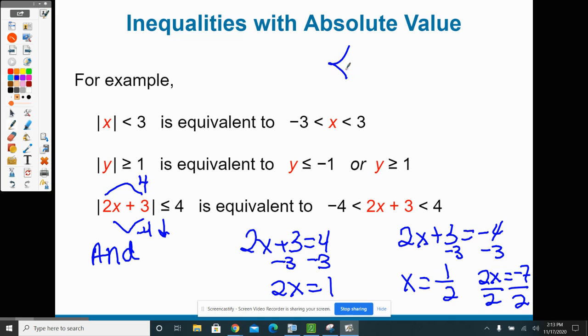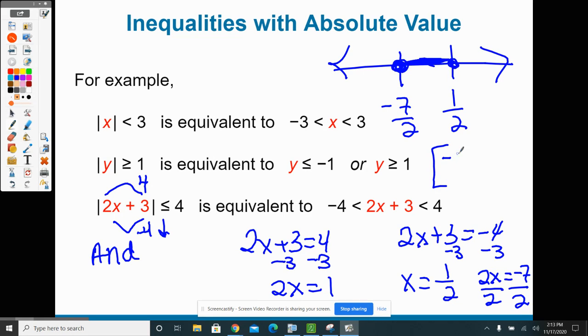Put the small number on the left and the big number on the right. So -7/2 and 1/2. Solid circle because there's an equal to sign, and this time it's an and again, so it gets a square bracket. Make your equation, square bracket, small number to big number, close it up, and that's all you have to do.